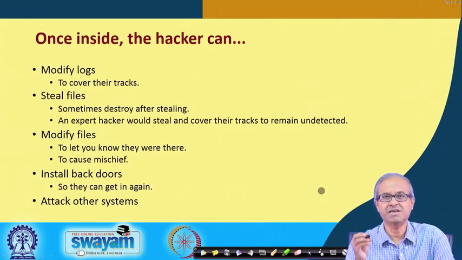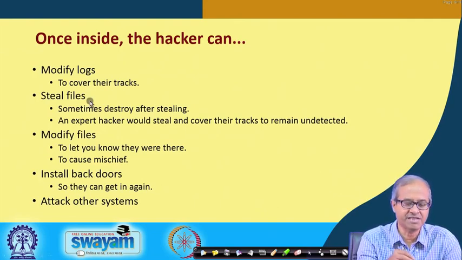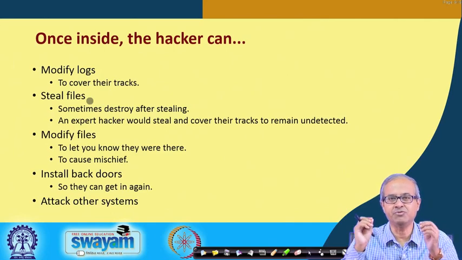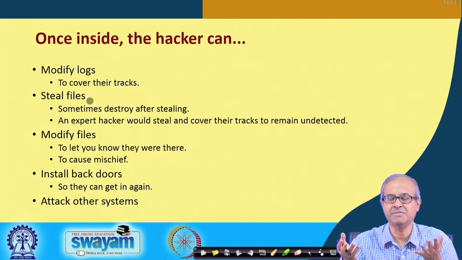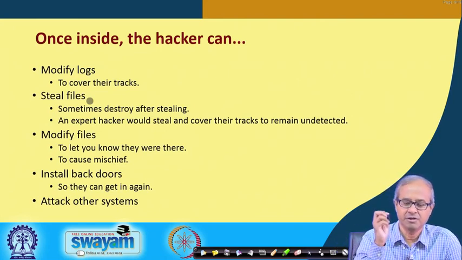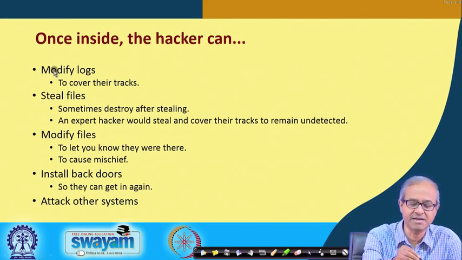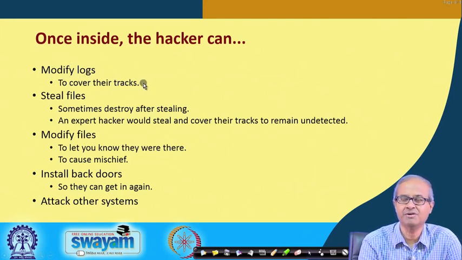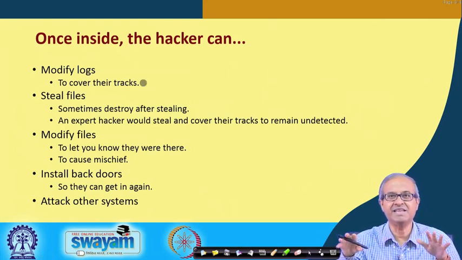Now, once a hacker gains access inside a system, there are a number of things that can be done. For example, every system usually has a log which monitors who is logging into the system, at what time, what commands they are running, and so on. So, if the hacker gets into the system, the first thing he or she will possibly try to do is modify the log so that their tracks are erased.